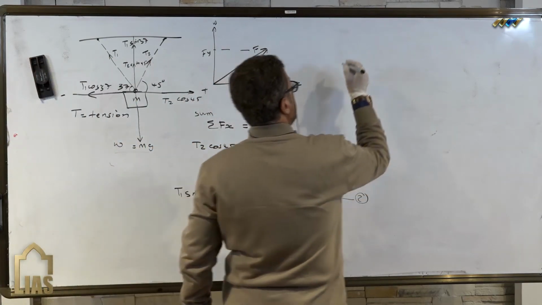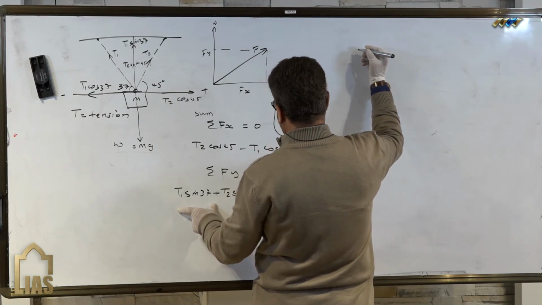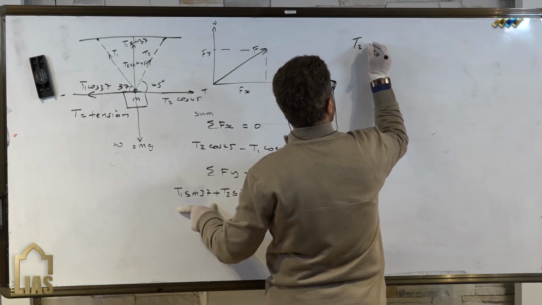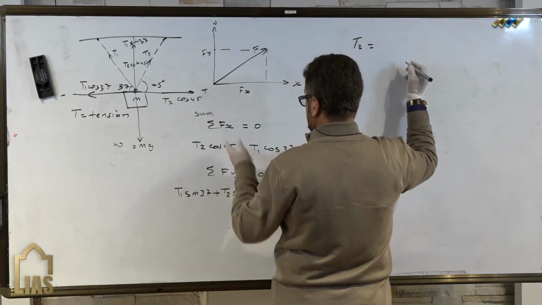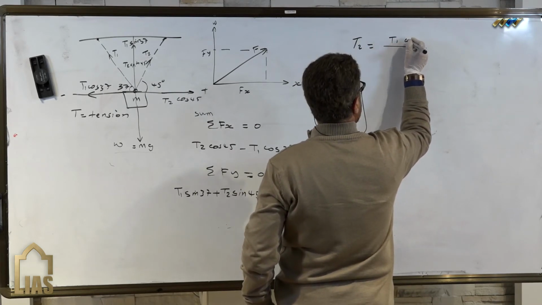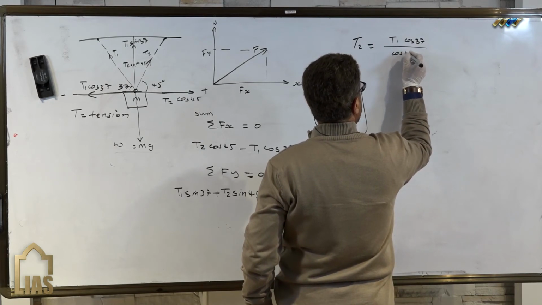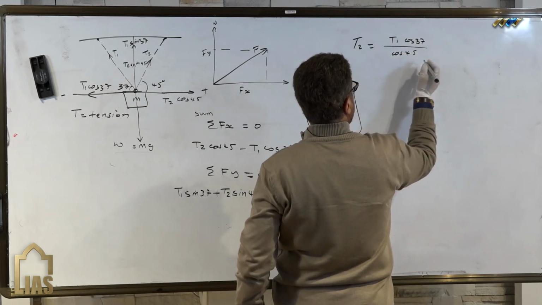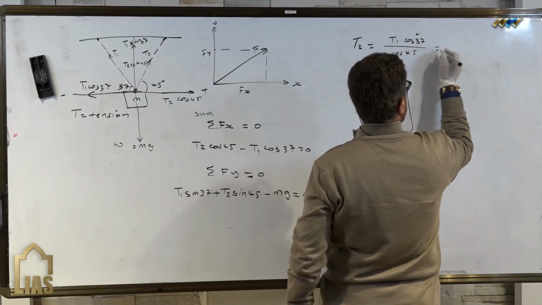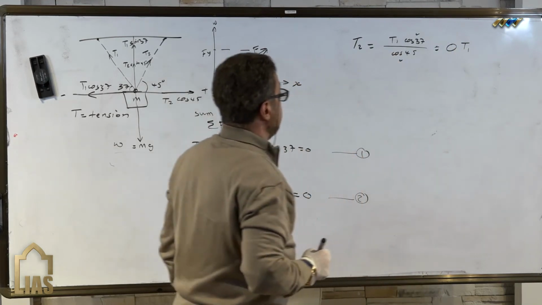I'll show you how. If we say that T2 is equal to T1 cosine 37 over cosine 45, that will give you a value in terms of T1.